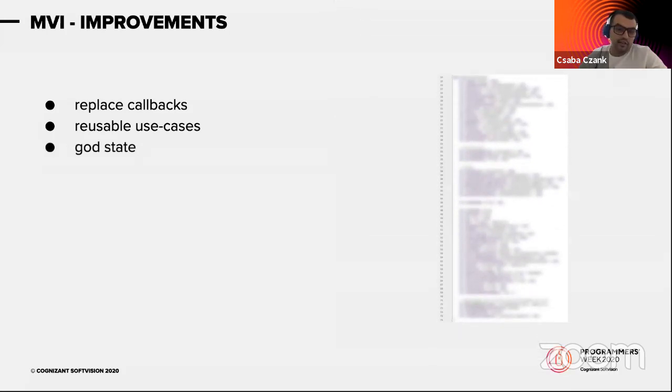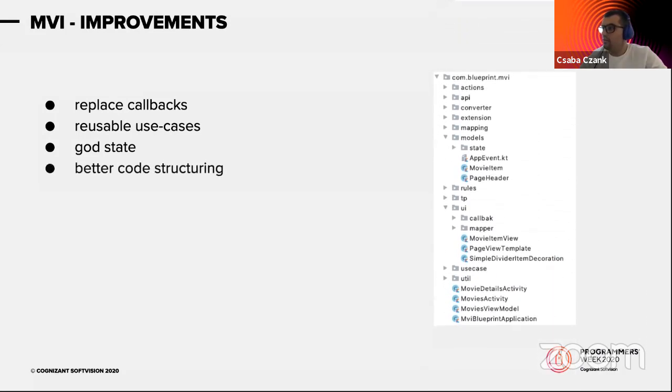As you have seen in the examples, we have one state that holds everything. This state in real applications will increase a lot, and it would be advisable to divide it into several smaller states to avoid this issue. Another improvement we could make is better code structuring.